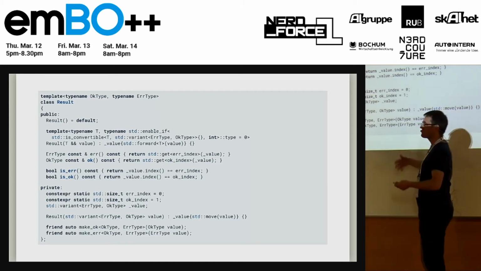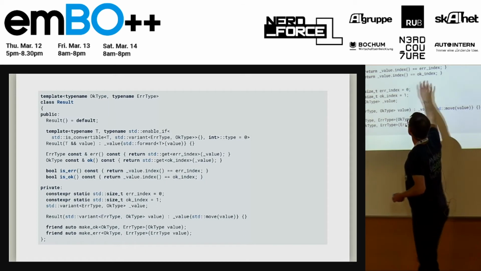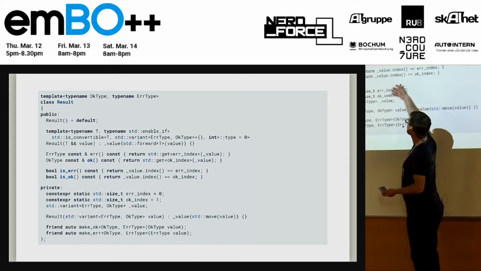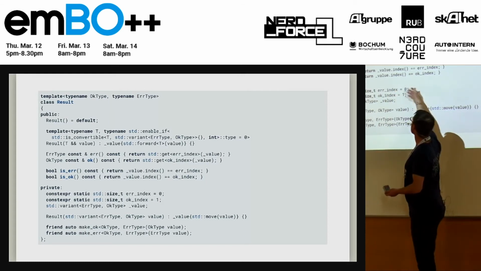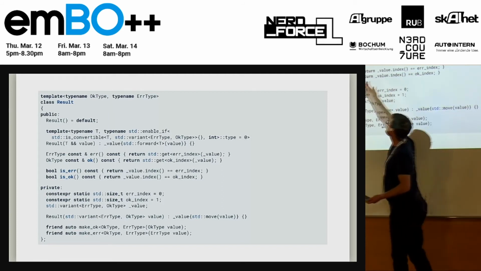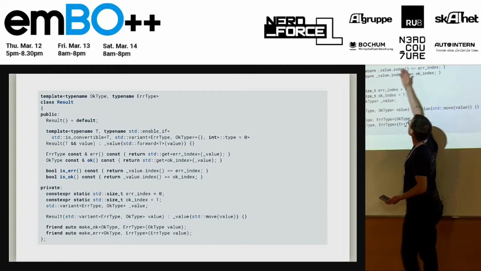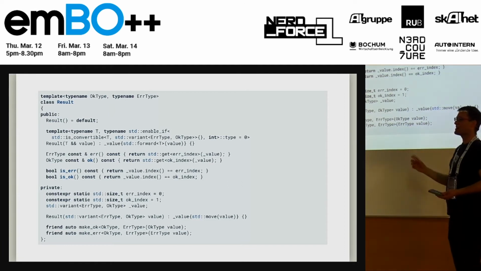And then I cannot differentiate on the type, then I need to go onto the index of the variant. But this function just forwards this comparison. And also getting out the value, you can get out a reference to the value, and it's just calling std::get. So it's just a small wrapper, there is no logic in it.